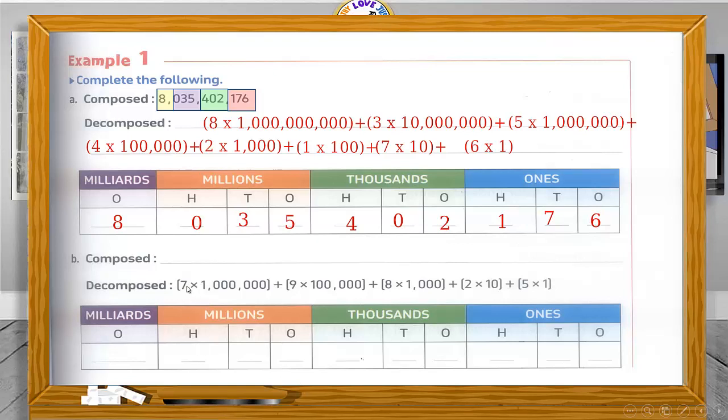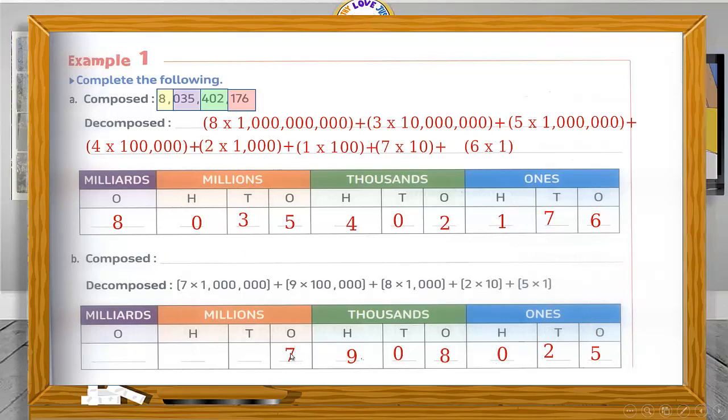First, 7 times 1 million, that means in the 1 million place write 7. 900,000, in the 100,000 place write 9. 8 times 1,000, in the 1,000 place write 8 and in the hundreds put 0. 2 times 10, in the tens place write 2 and in the hundreds put 0. In the ones place we have 5.